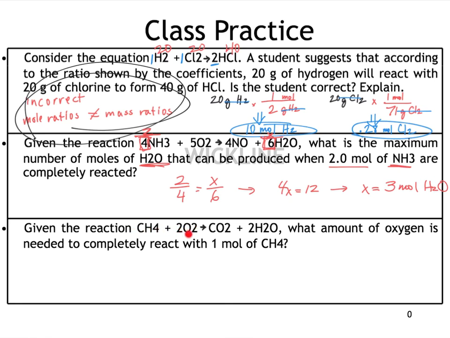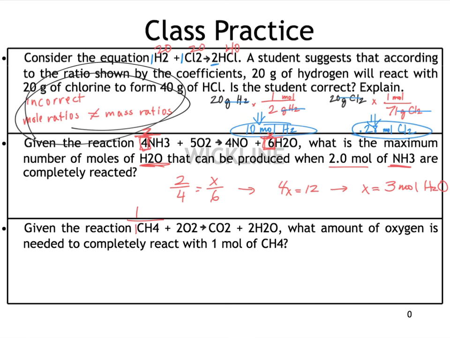methane plus 2 moles of oxygen yields a mole of carbon dioxide and 2 moles of water, what amount of oxygen is needed to completely react with 1 mole of methane? So right now, we already have 1 mole of methane, and they're suggesting that we use a mole of methane. So I bet this is going to be very easy. And they want to know how much oxygen is going to be needed.